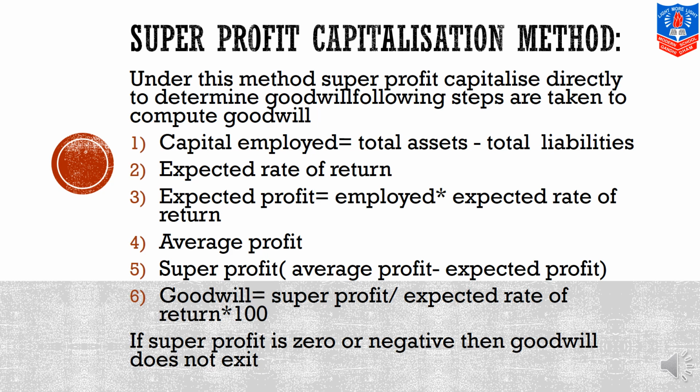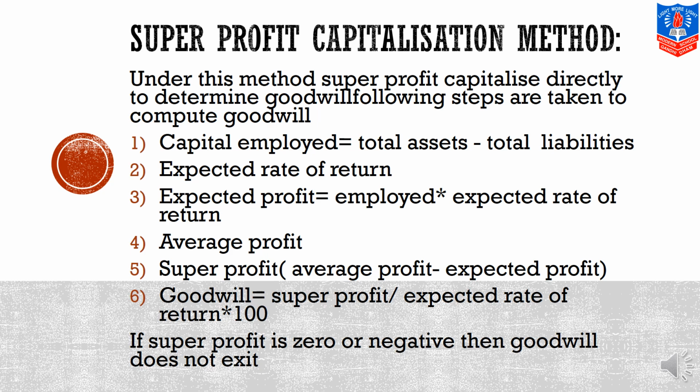Second step also same, expected rate of return. Third step, expected profit, capital employed into expected rate of return. Fourth step, average profit depending upon whether simple or weighted. And fifth step, super profit, that is average profit minus expected profit. And finally, goodwill is equal to super profit divided by expected rate of return.